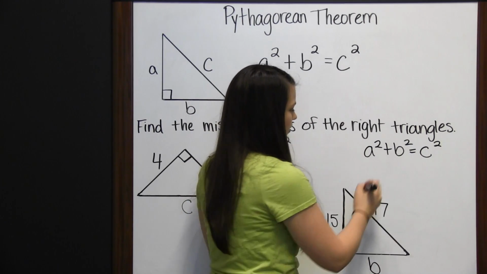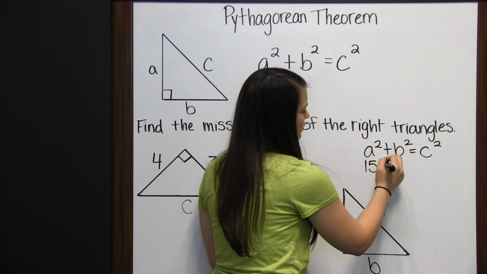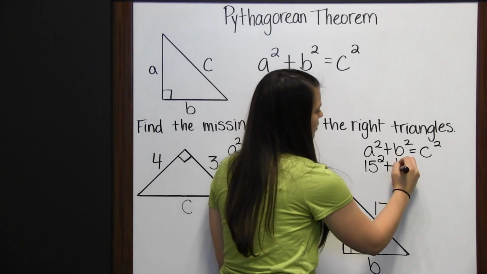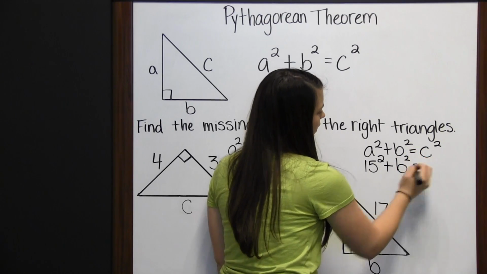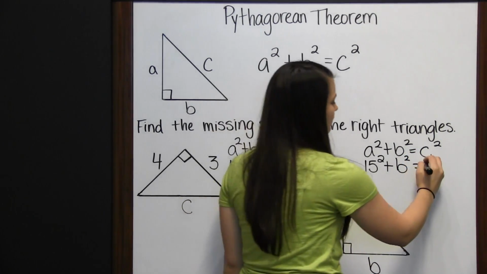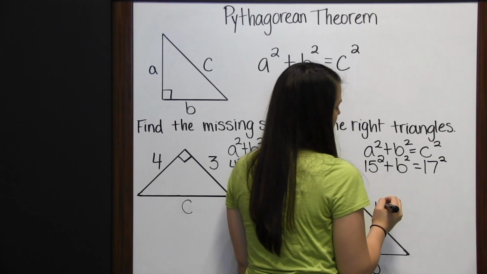So we know one of our legs, 15, so I'll substitute that for A squared, plus, we're trying to find our other leg, B squared, we don't know it, equals, and then our hypotenuse, which is our C, is 17, so 17 squared.